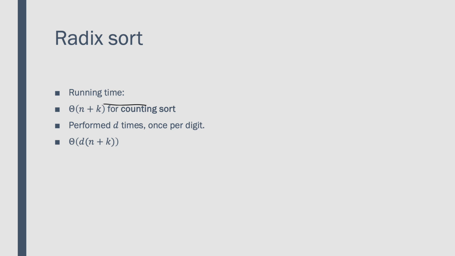Now, applying counting sort for each digit, Radix sort sorts the entire dataset d times, where d is the number of digits in the largest number. Since counting sort runs in big O of n plus k time for each digit, and we have d digits to process, the total running time becomes big O of d times n plus k.